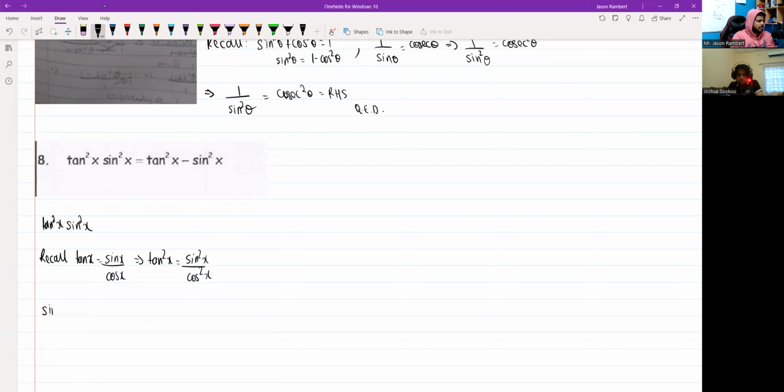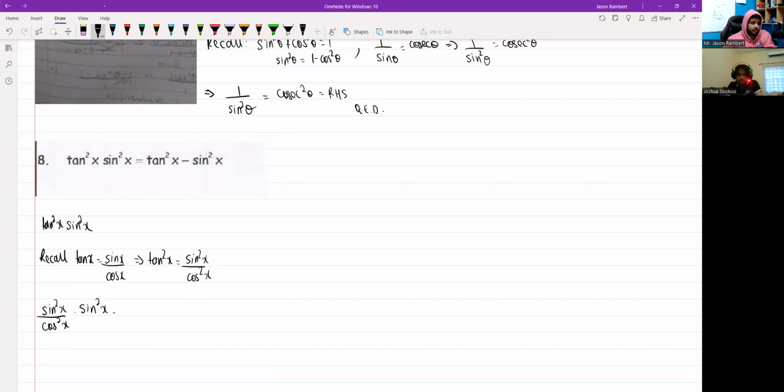So I end up with sine squared x over cosine squared x multiplied by sine squared x. What am I going to do here? If I want, I could make a substitution for sine squared x. And I get sine squared x is equal to 1 minus cosine squared x.